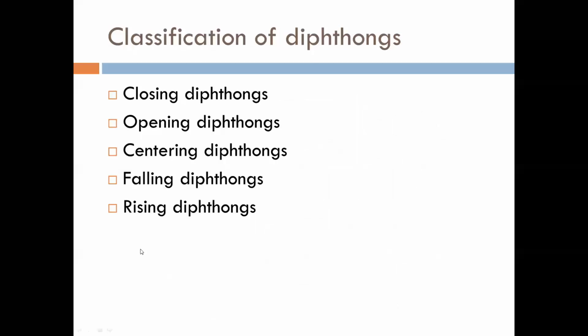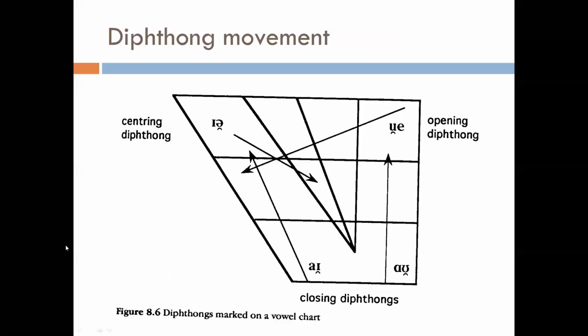The other possibility, and we'll talk about this in more detail later, and it depends a lot on dialect, is a centering diphthong, where the tongue is moving from the outer boundaries of the vowel quadrilateral to the middle of the quadrilateral, to that center space where we've got our rhotic sounds and schwa.